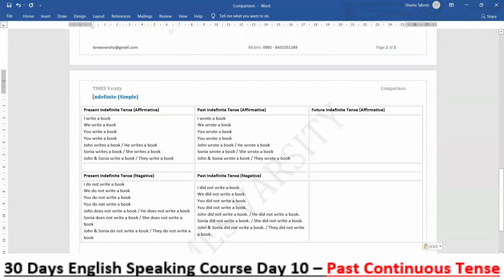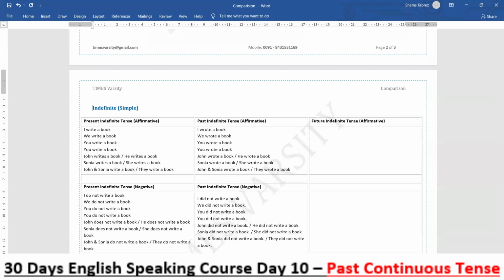So this time we are comparing continuous, also known as progressive. Progressive.